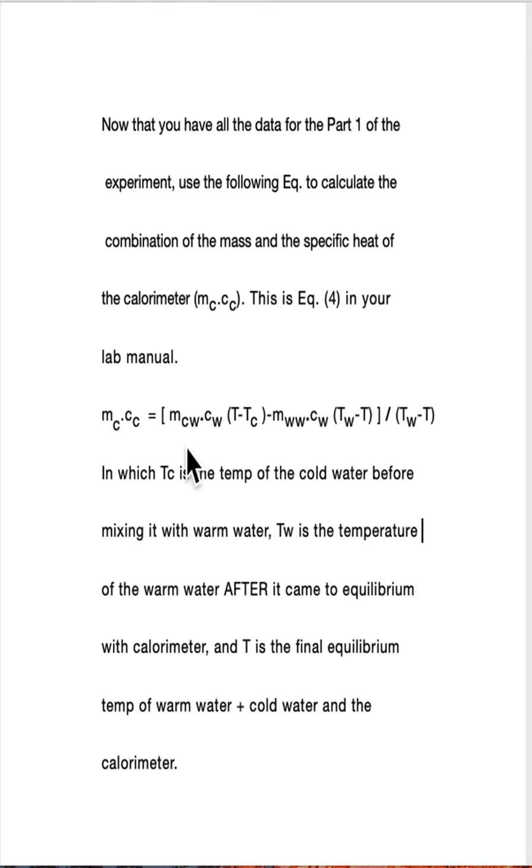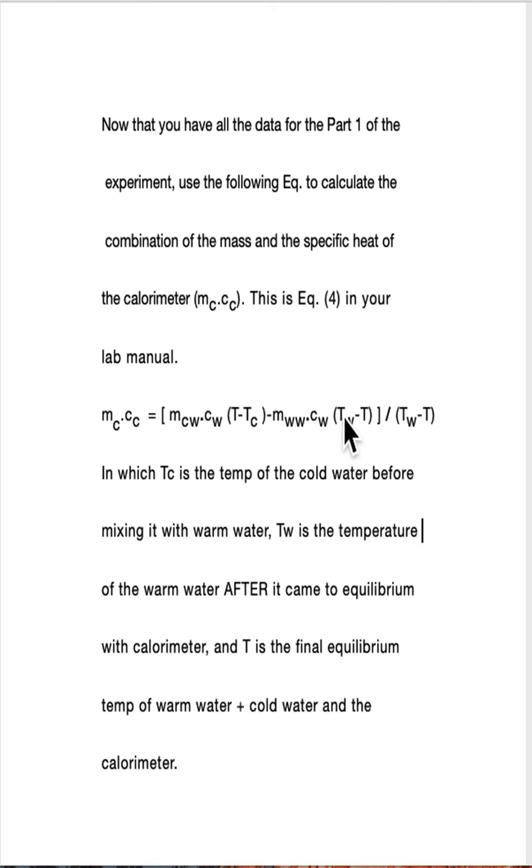In this equation, the right-hand side is mass of the cold water times the specific heat of water times the temperature of the equilibrium of the mix at the end minus temperature of the cold water. And again, minus the whole thing is minus mass of the warm water times the specific heat of water again, times the temperature of water minus temperature of the mix.